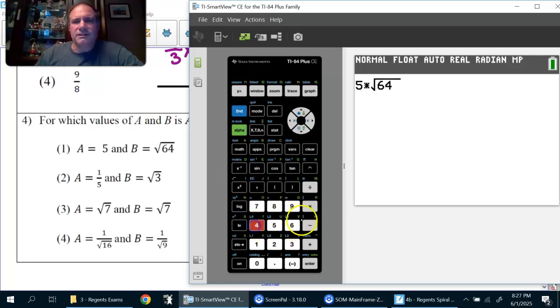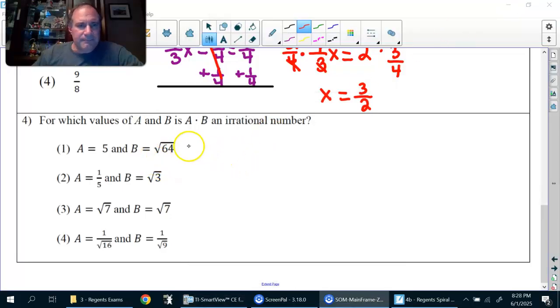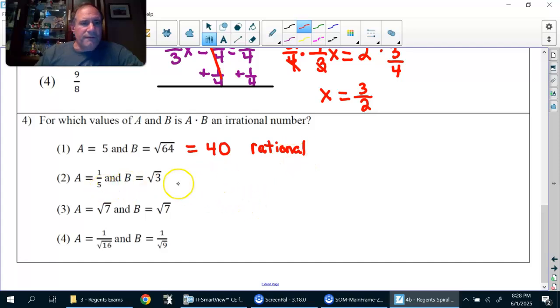The square root of 64 is a perfect square. So this is like 5 times 8, and that's 40. If this is multiplication, we're multiplying. This is 40. This is a rational number. 1/5 times radical 3, I'm just going to tell you right now, that is irrational.